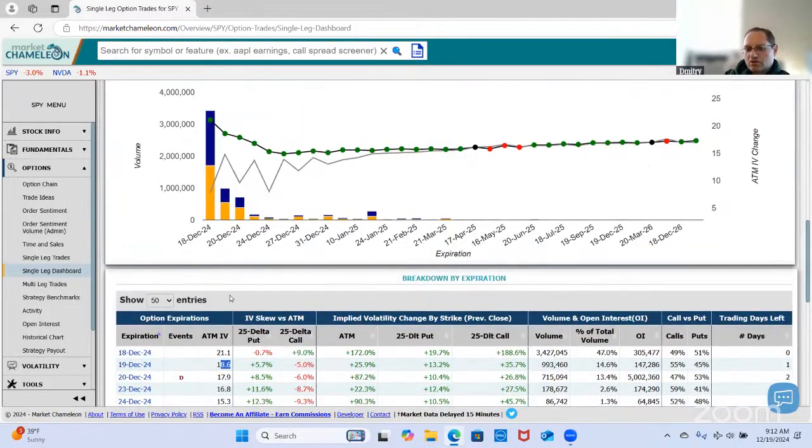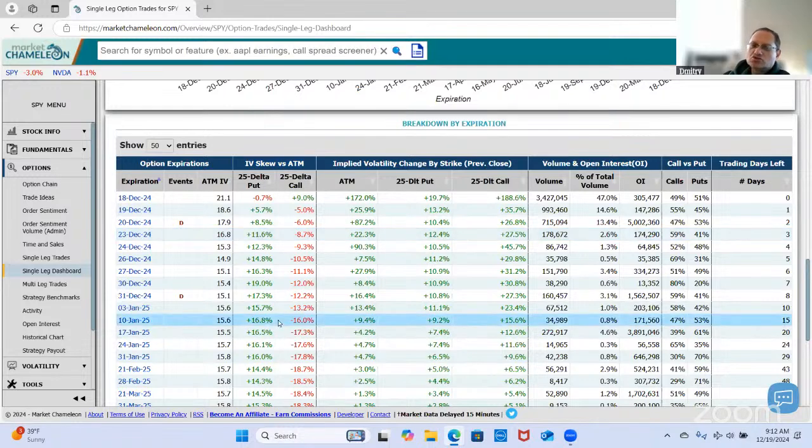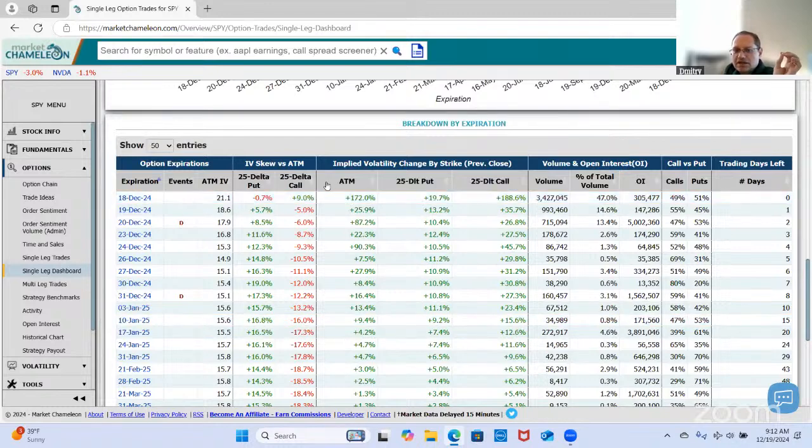And then we have this skew, which measures what the implied volatility is for an out-of-the-money put. So we're looking at a 25 delta put here, and an out-of-the-money call, 25 delta call. And then we compare that implied volatility to the at-the-money.